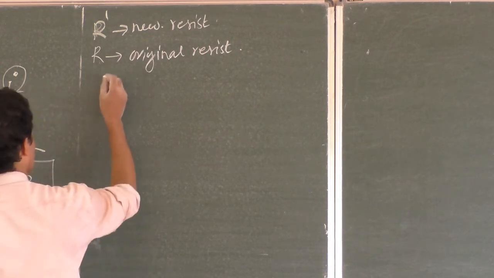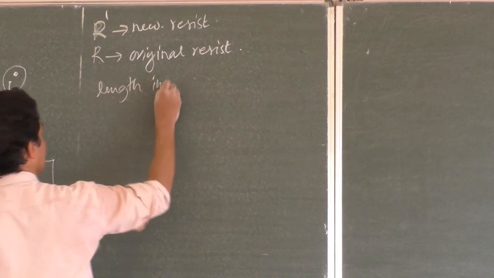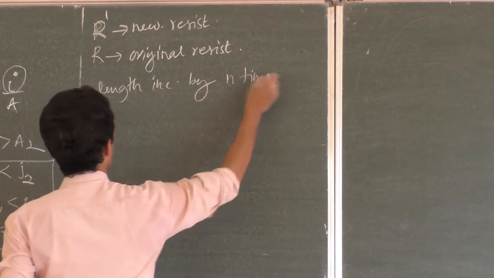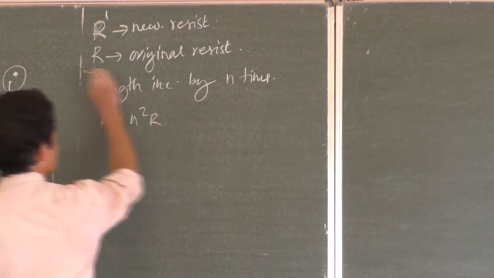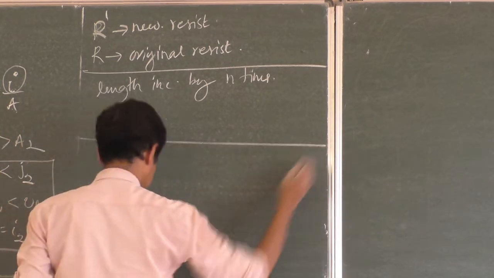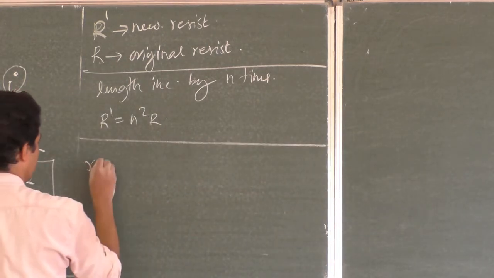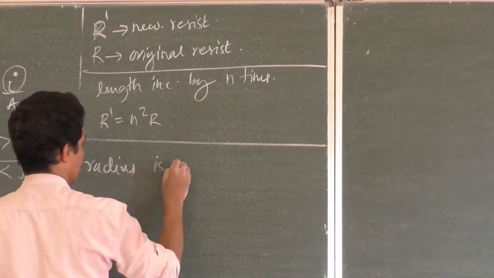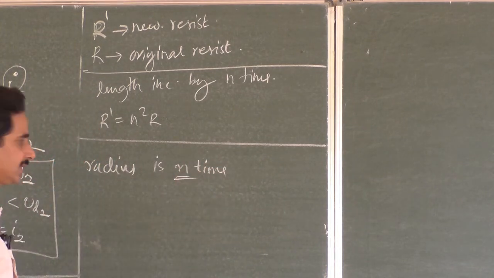Suppose it is stretched such that length increases by n times, then the new resistance is n square R. Suppose it is stretched such that radius is n times, where n means a fraction, half, 1 by 3 and so on.